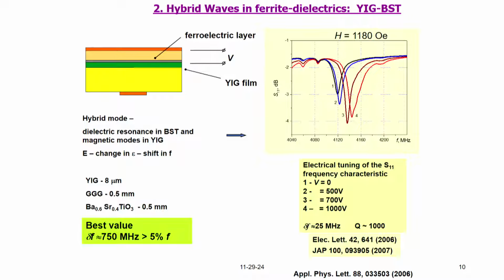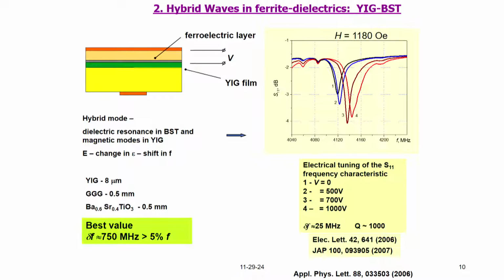So, that is a key ingredient in these hybrid wave devices, because the tuning involves varying the dielectric constant, and that is the reason we are using not barium titanate, but barium strontium titanate, and there is an yttrium iron garnet film on a GGG substrate. They are bonded together, and the tuning voltage is applied across BST. These are the dimensions for the YIG film and the BST platelet.